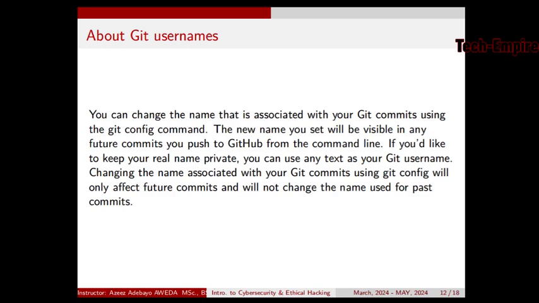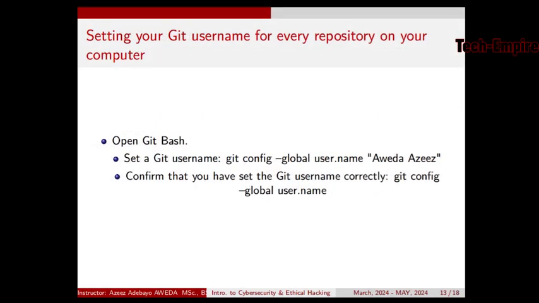That is, if you don't want to use your real name, you can just coin a username. You can just use blah blah blah, it is acceptable. So that is that. Changing the name associated with your Git commit using git config, we are going to practice that.